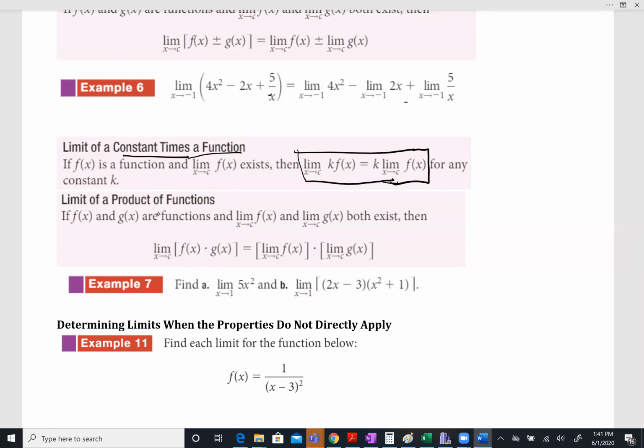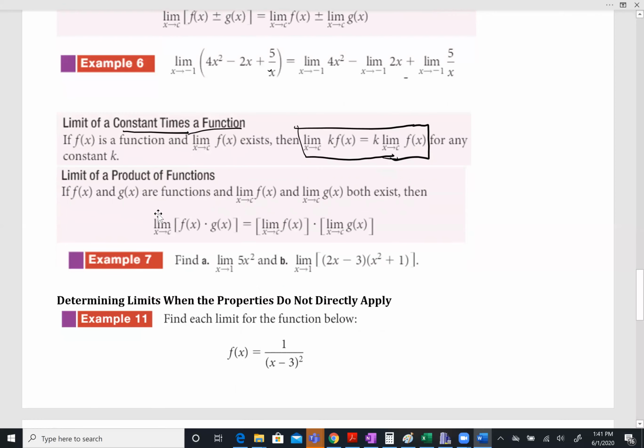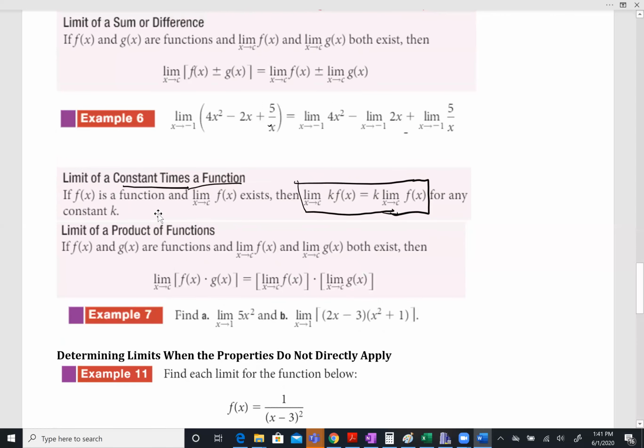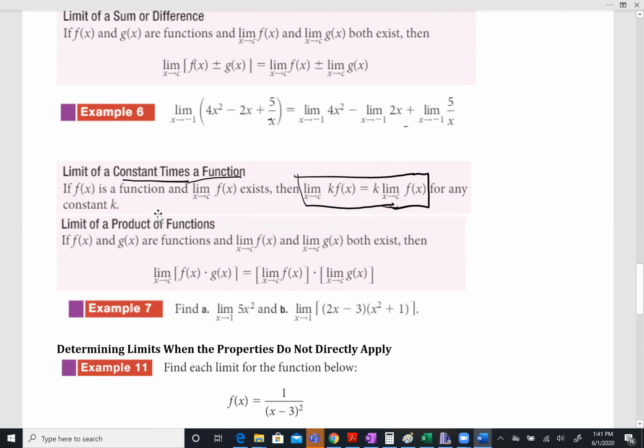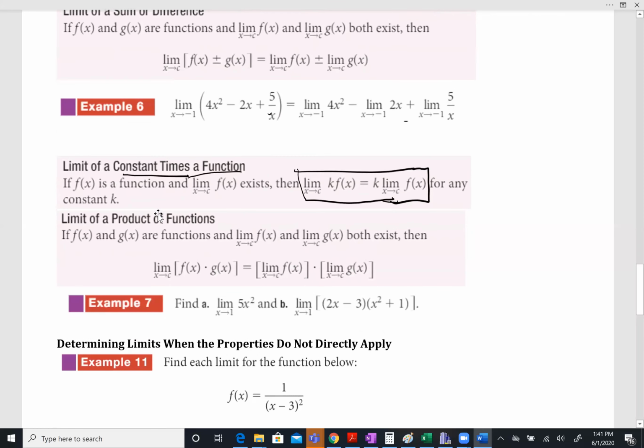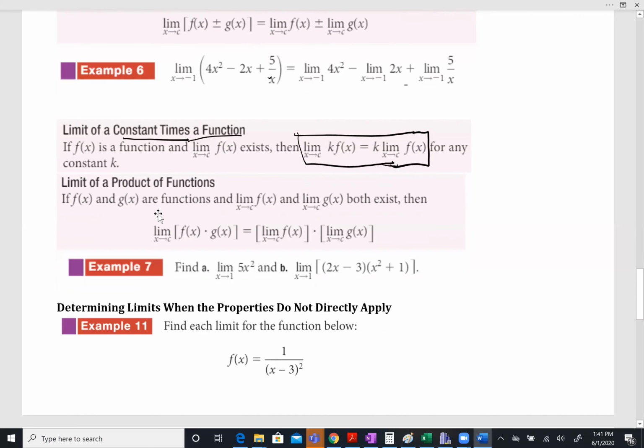Well, you can move the constant outside of the limit, right? And the limit of a product of functions is similar to the limit of a sum or difference.